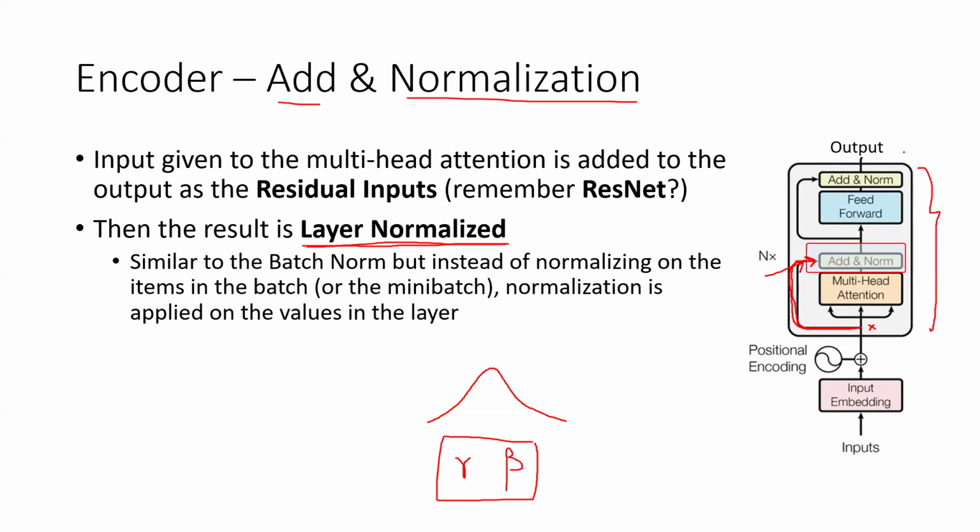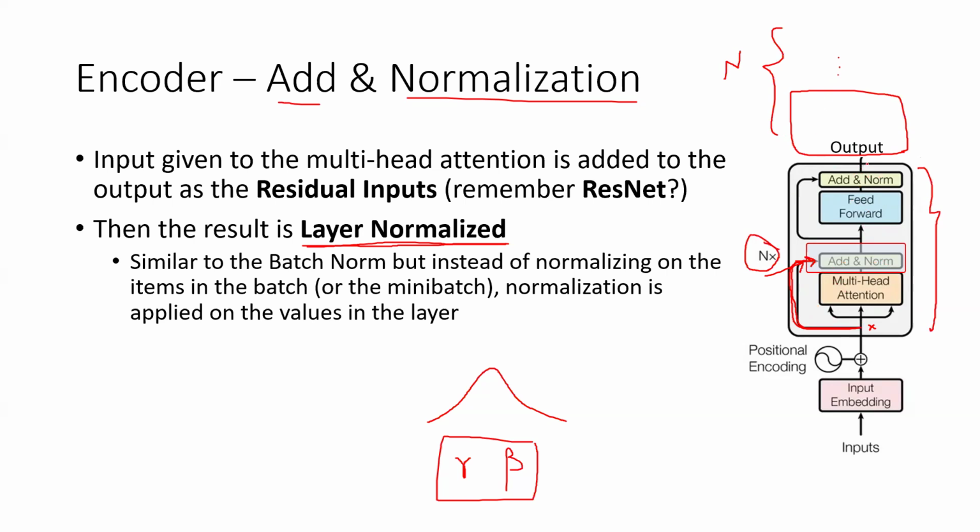So if there are some other encoder units, that would also be given as the input for that particular encoder unit. So there would be n number of such encoder units, as you can see.